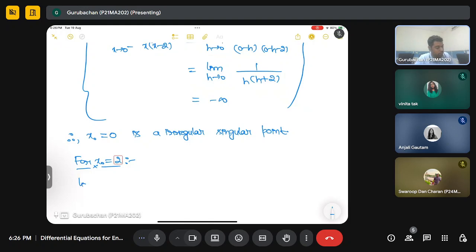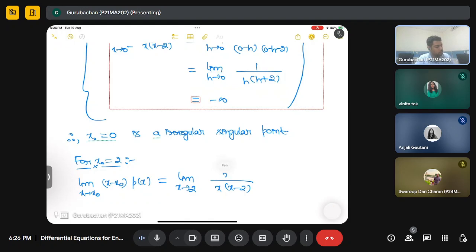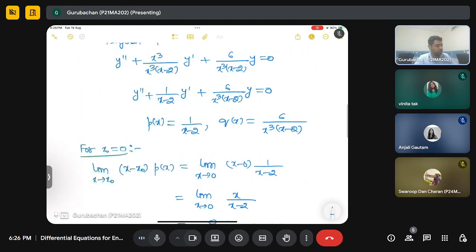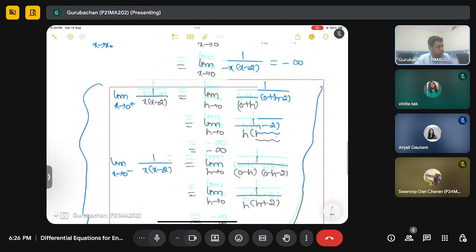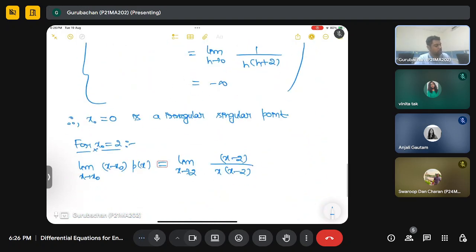So limit x tending to x naught of (x minus x naught) p(x) is equal to limit x tending to 2, and here x minus x naught will play the role of x minus 2. Since p(x) was 1 by x minus 2, this will be 1 by x into x minus 2 times x minus 2, so this will be 1 by x, and clearly this is a finite quantity.